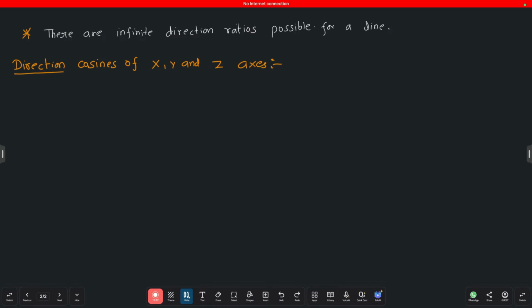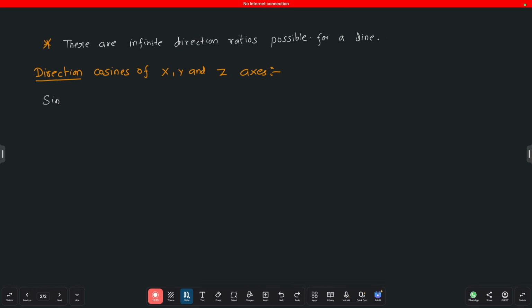I'll write here: since the x axis makes a 0 degree angle with the x axis, it implies alpha is 0 degree.